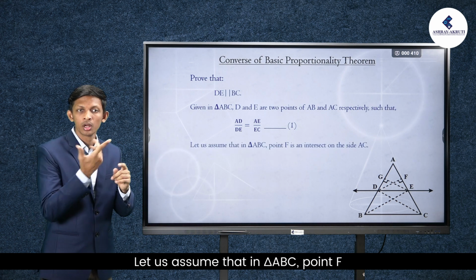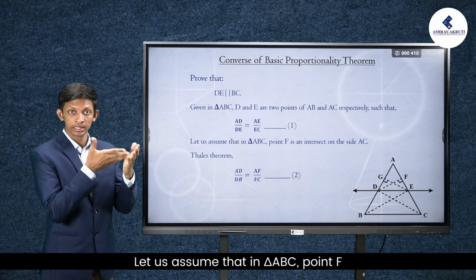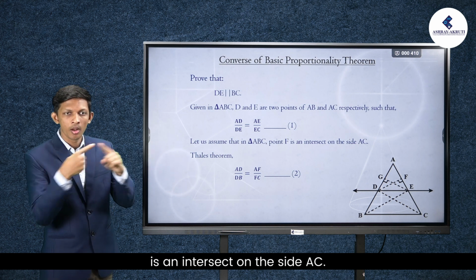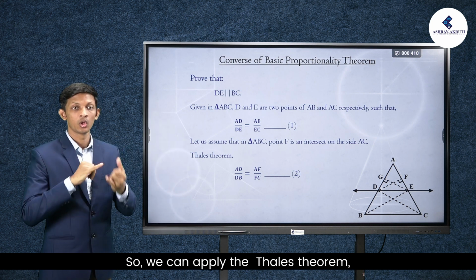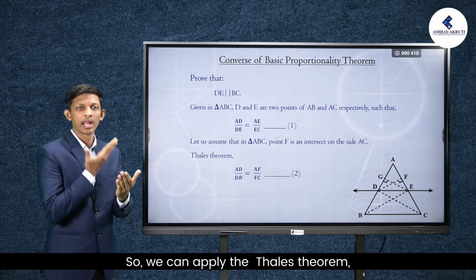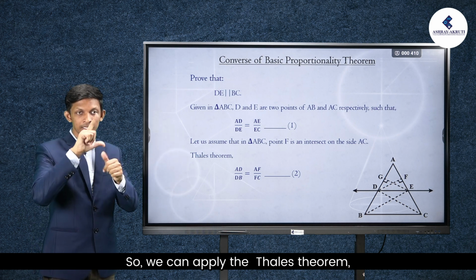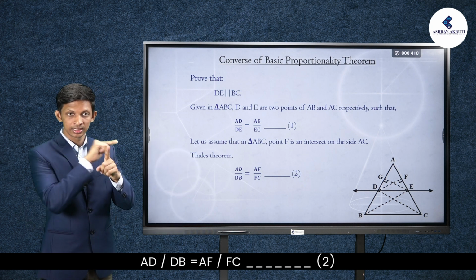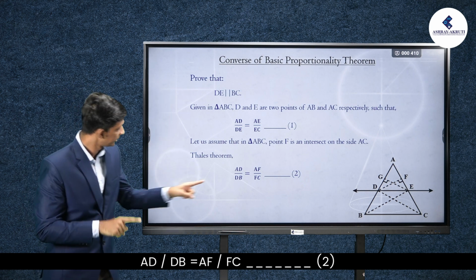Let us assume that in triangle ABC, point F is an intersect on the side AC, such that DF is parallel to BC. So, we can apply Thales theorem. AD by DB is equal to AF by FC. Consider it as equation 2.